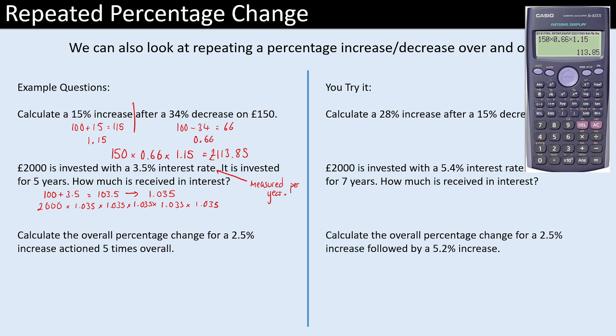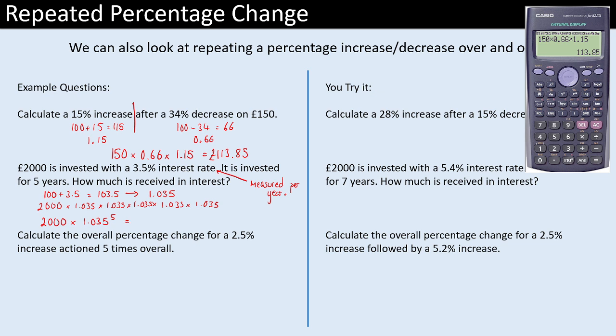It does the job. However, it is inefficient, and we are trying our best to be as efficient as we can. So rather than saying 2000 times 1.035, etc., I'm going to abbreviate this. I'm going to shorthand it to 2000 times 1.035 to the power of 5.